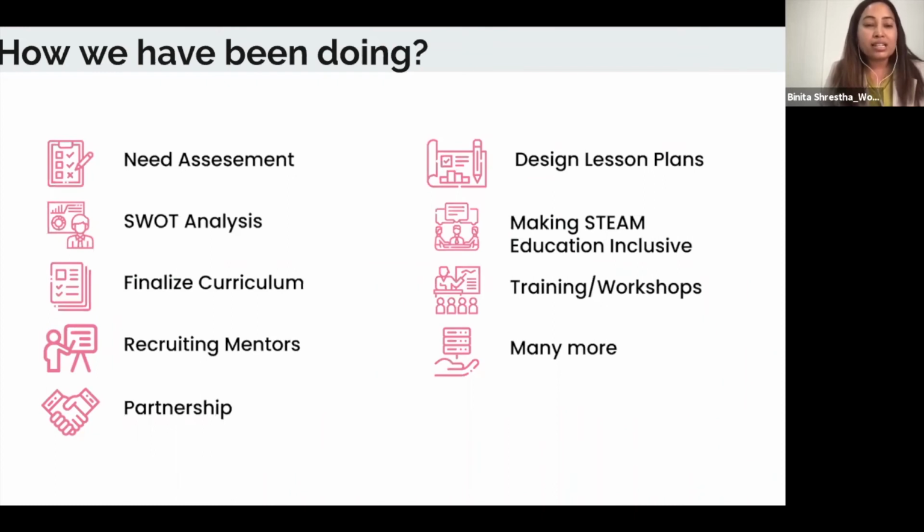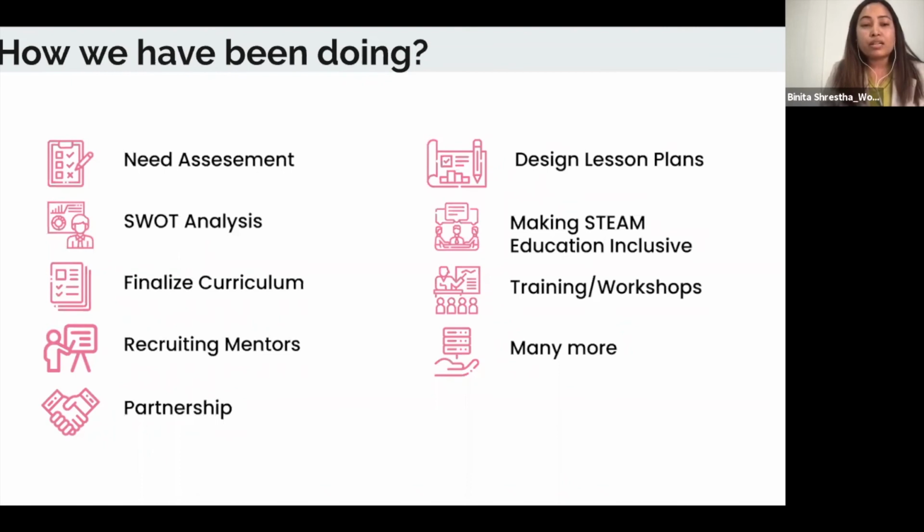It includes the needs assessment and SWOT analysis, finalizing the curriculum based on the beneficiaries, their geographical location, their level of education, and their grade. Depending on the results we get, we finalize the curriculums and do the recruitment of mentors.